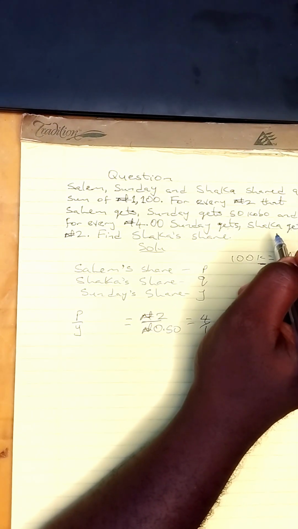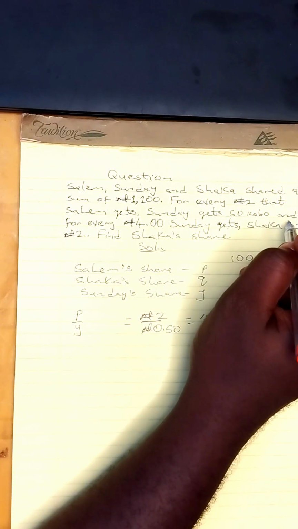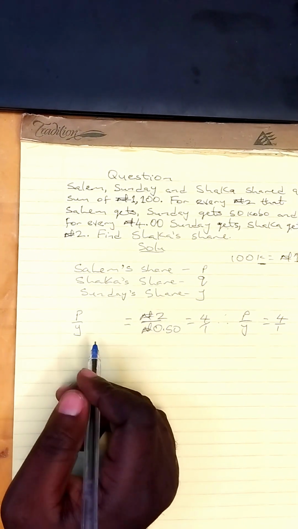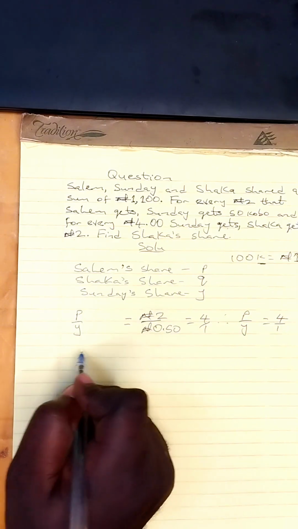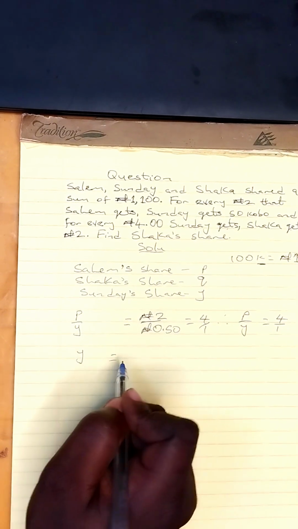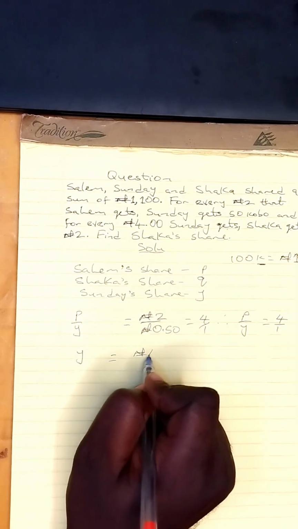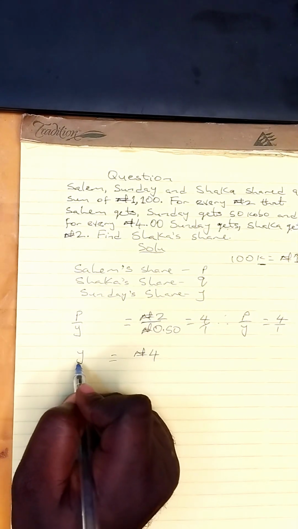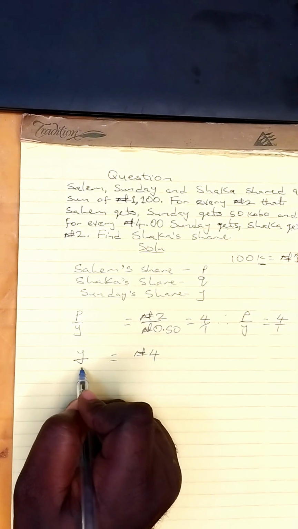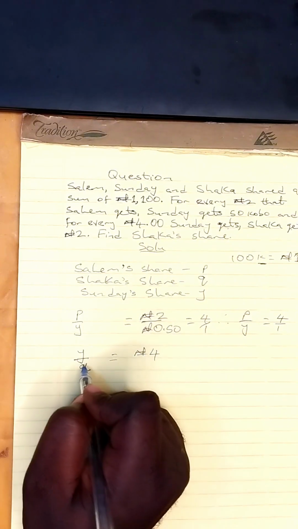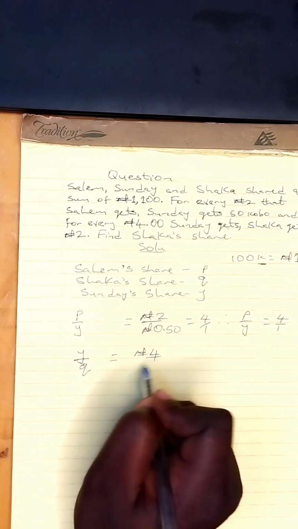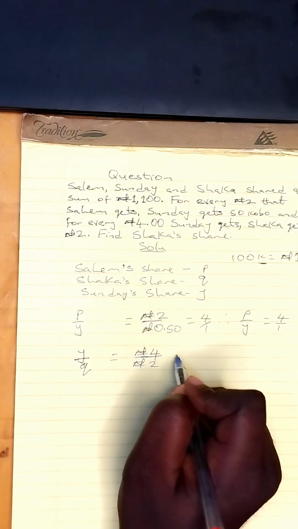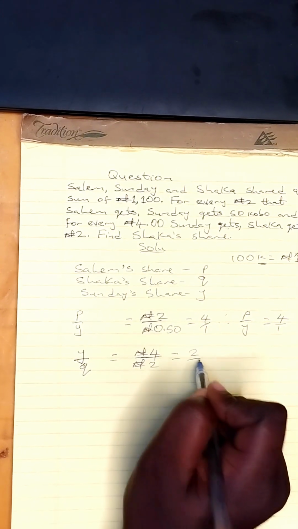Now for the second statement, for every 4 naira that Sunday gets, Sunday is Y. Shaka gets 2 naira, and Shaka is Q. So Y over Q, Shaka gets 2 naira, which is 2 over 1.